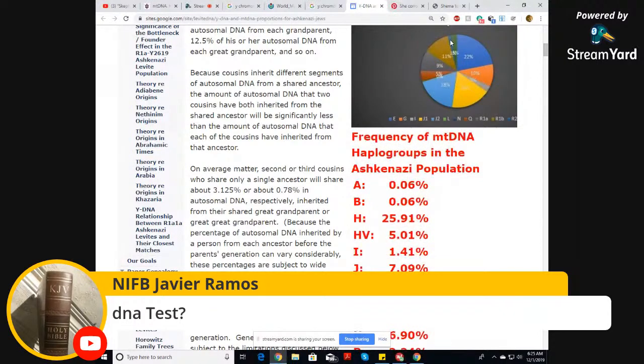And where was the dark green though? Anyway, the L. I don't know if this is the dark green. But the L is Japhethite anyways.